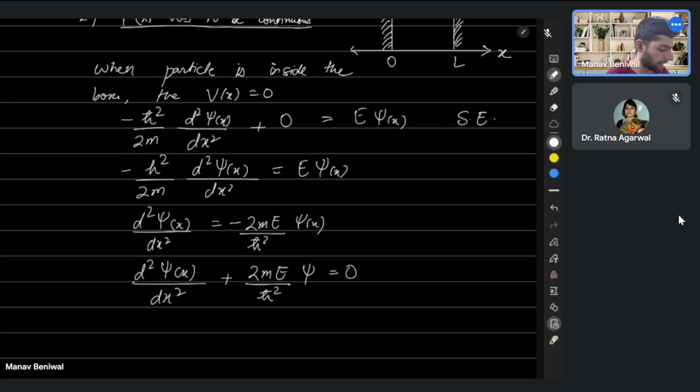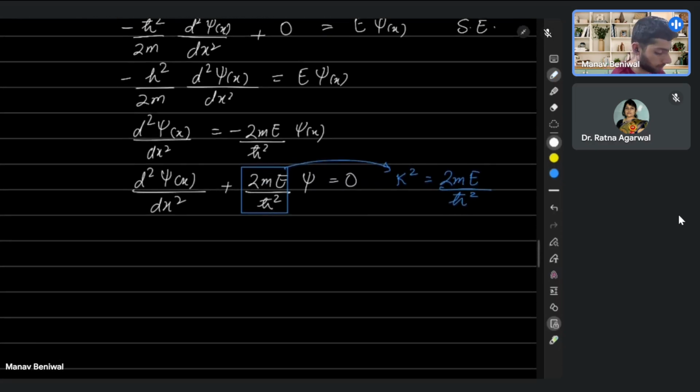Okay. And let's say we call this thing k squared. Just a change in notation, nothing else.